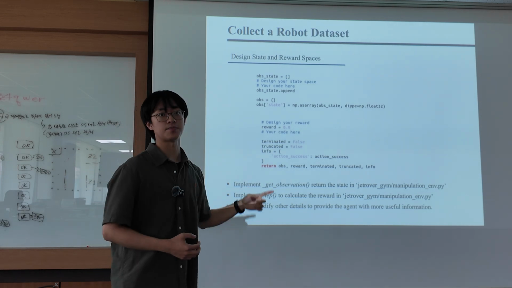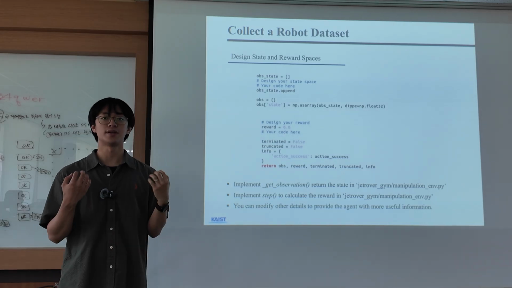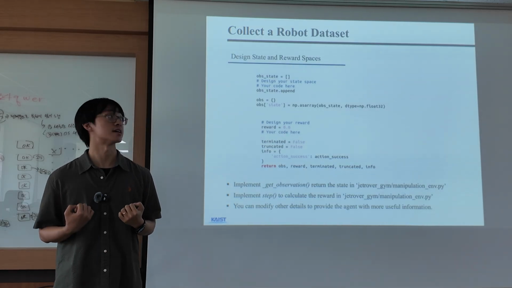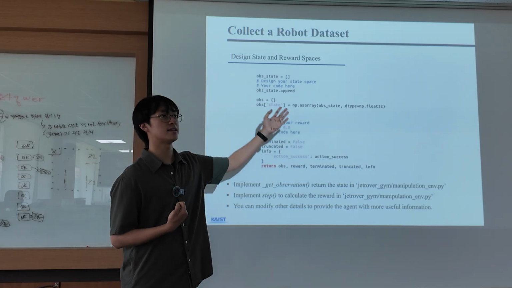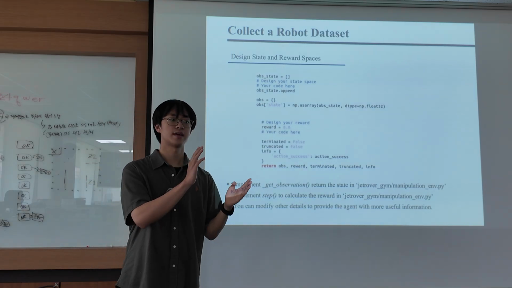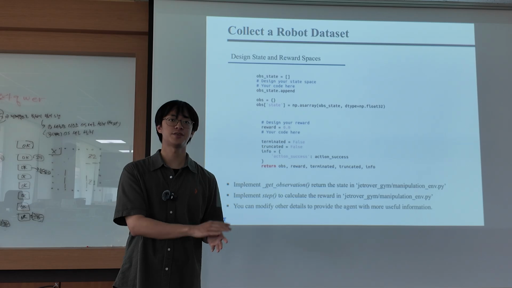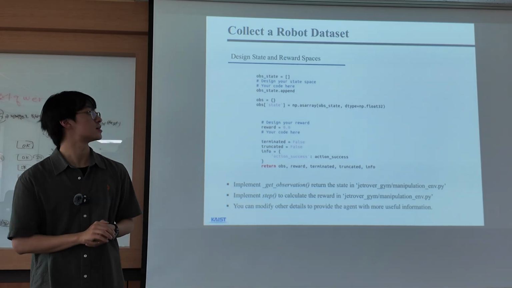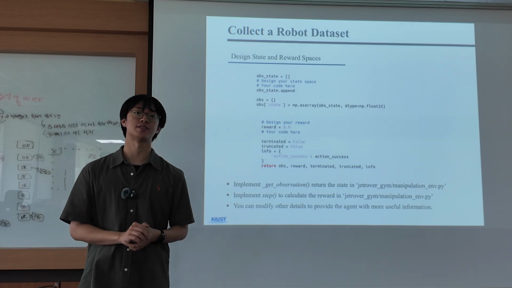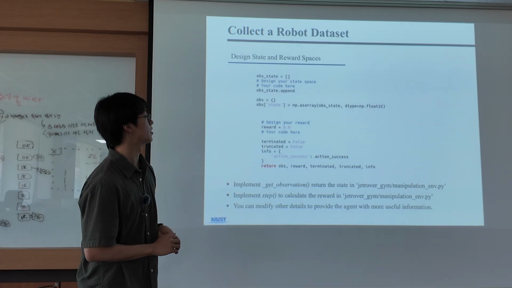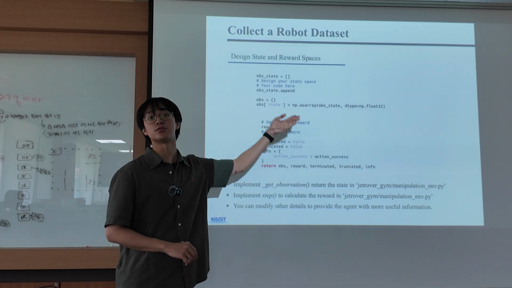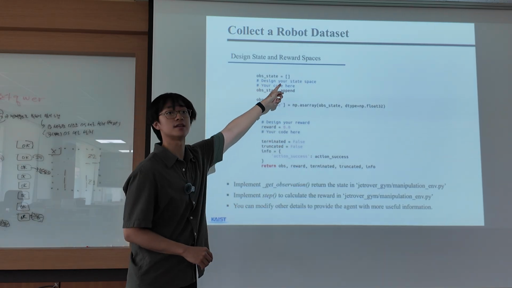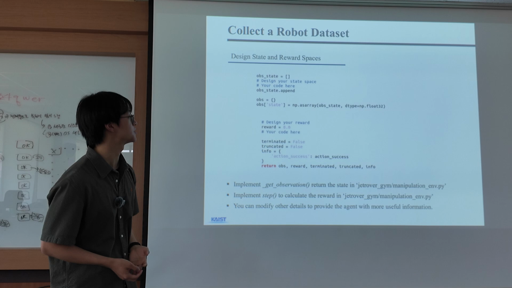So the state basically means what the agent will see at test time. The state can be some XYZ position or some rotations or the cube's position, because knowing that, the agent will execute proper actions. You can design your state in this empty list with append functions.